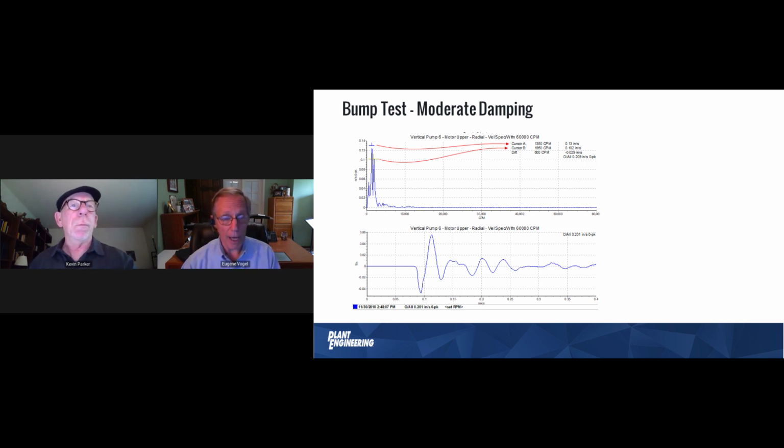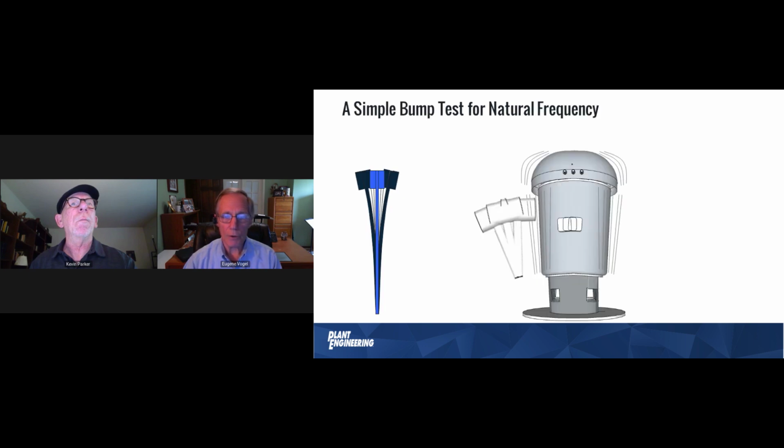So the plot on the bottom is what we call a waveform. Just imagine if I glued a pencil to the side of that machine when I whacked it, and while I whacked it, I pulled a piece of paper down steadily across that pencil.